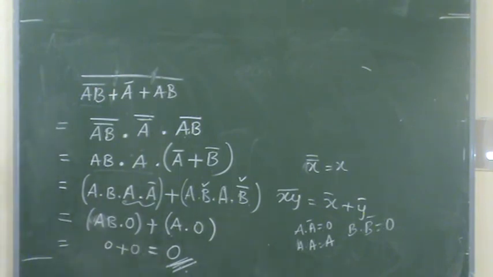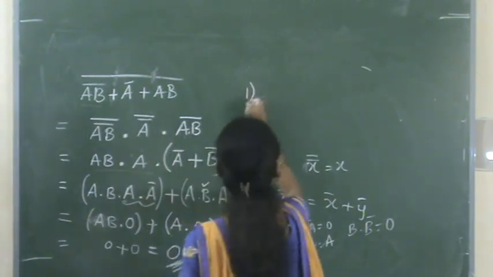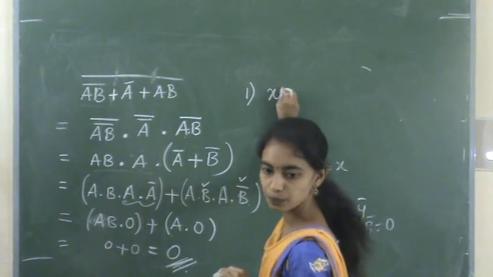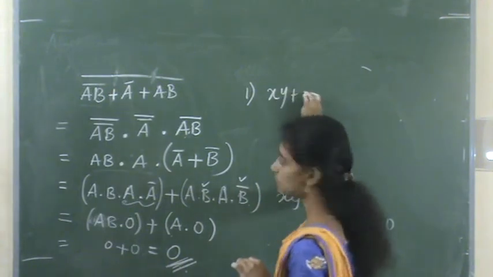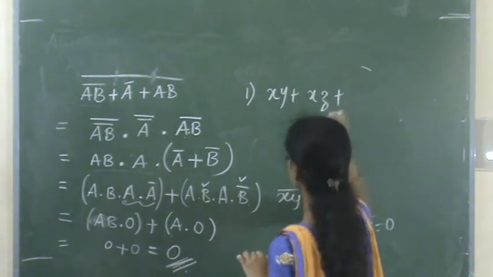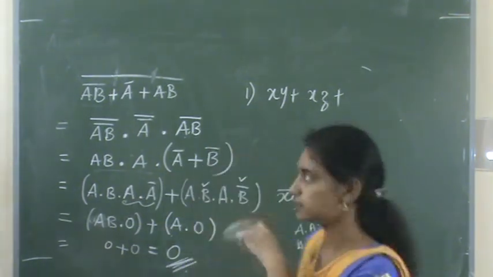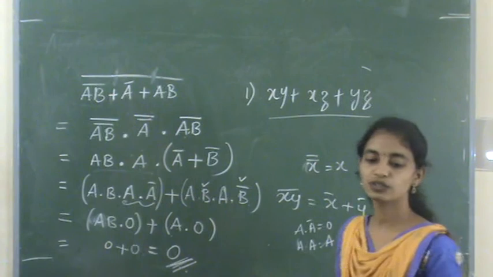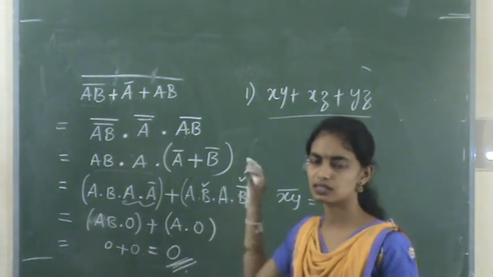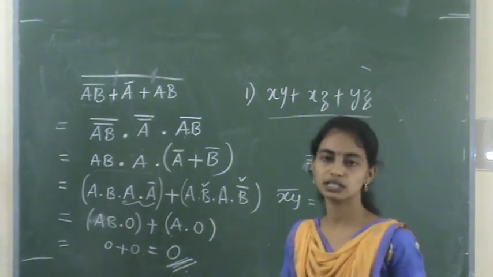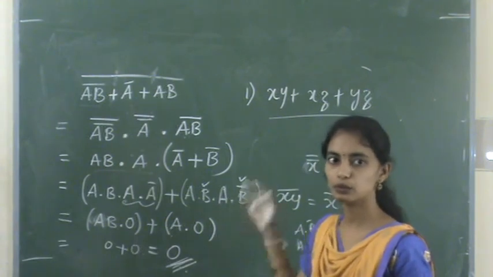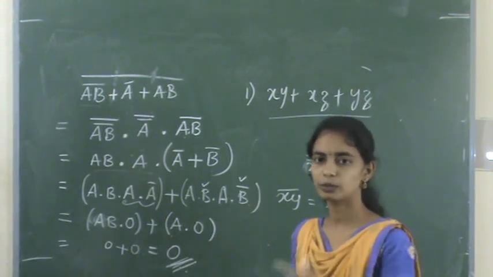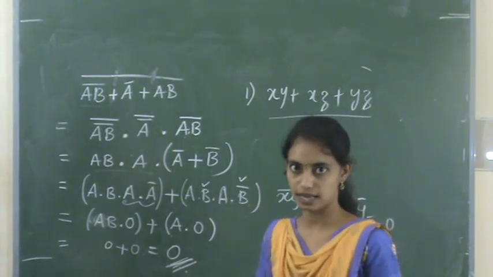I will give one exercise for you: xy plus xz plus yz. Just try to solve this equation. In the next class we will solve different Boolean expressions. Okay, thank you.